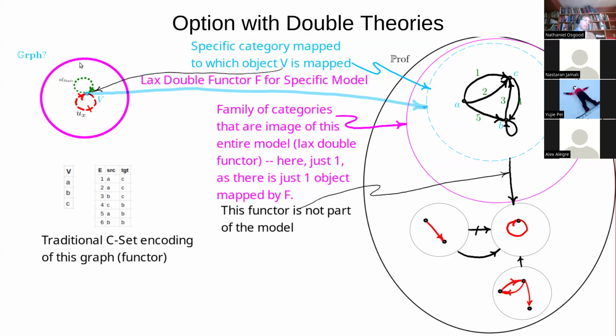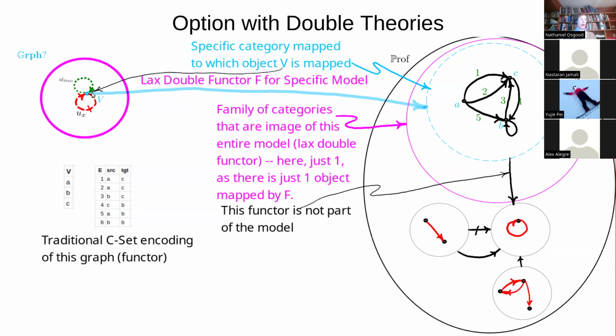In the sense that, while we have something analogous to a schema, instead of each object mapping to a set, each object maps to a category. And functions, so vertical morphisms within the double theory, analogous to the schema, map to functors between these categories.